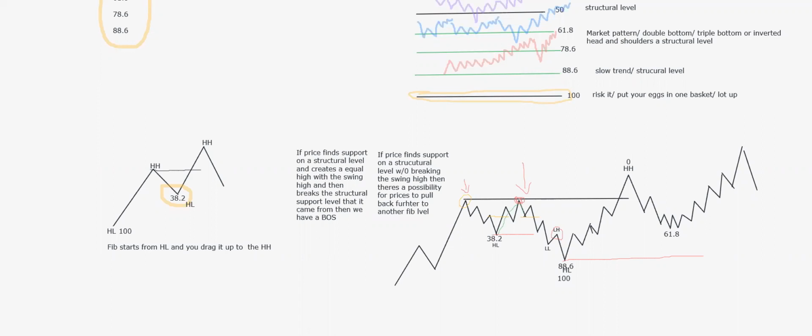But if price finds support on a structural level without breaking the swing high, meaning this high right here was lower than that high, then there's a possibility that price will pull back further to another fib level.